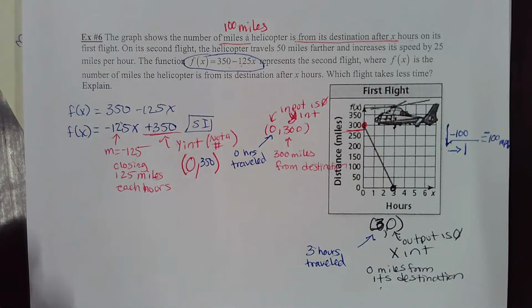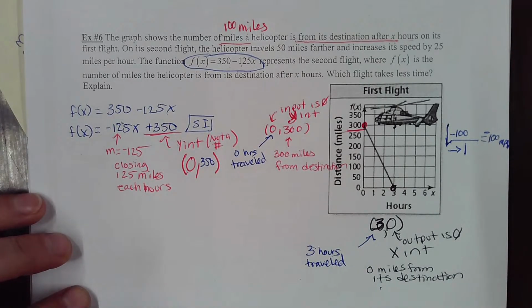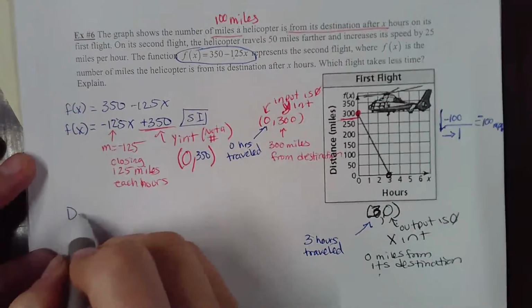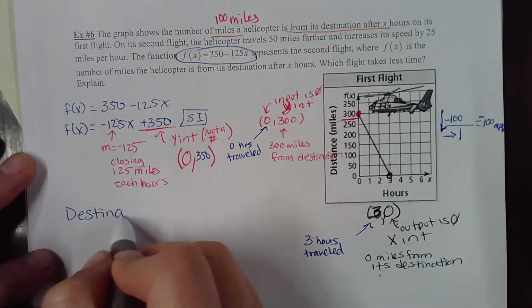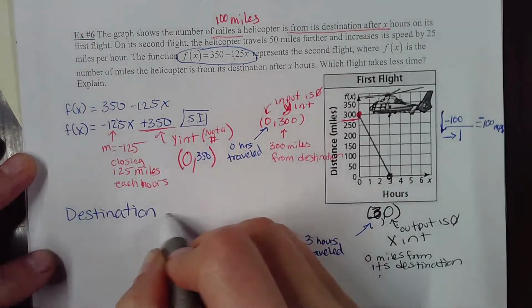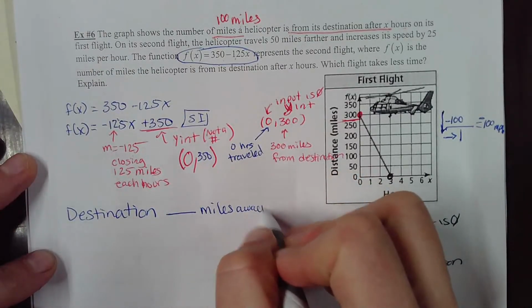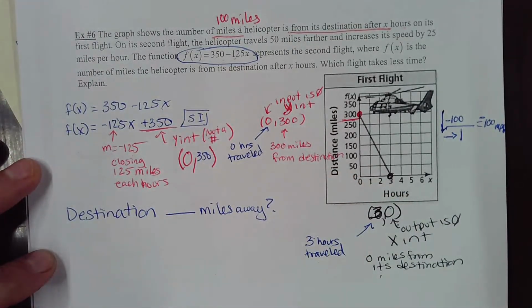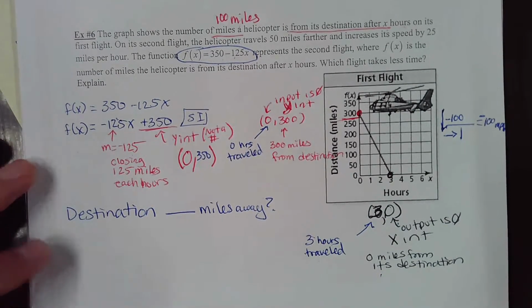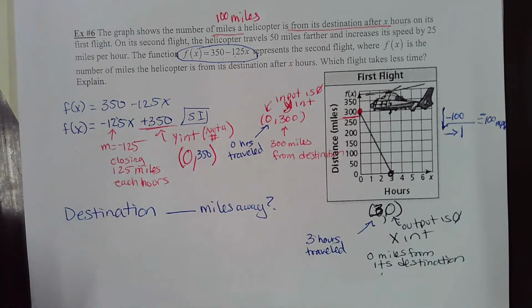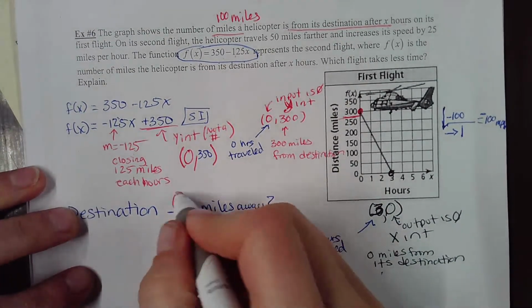So what does it want to do? It wants to know where the helicopter is time-wise when it gets to its destination on the second flight. Now, destination is how many miles away? This is the tricky question. If I'm at my destination, I'm how many miles away? 0.